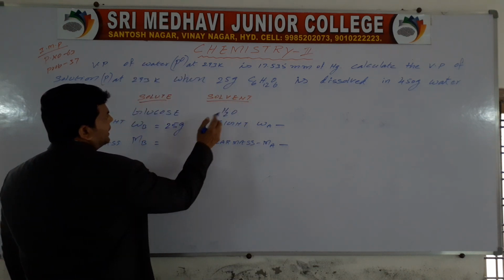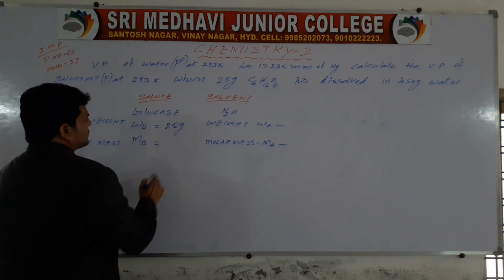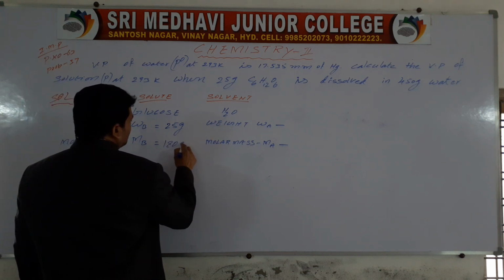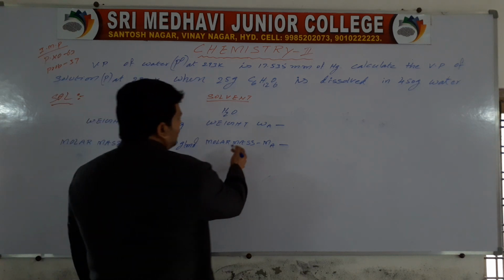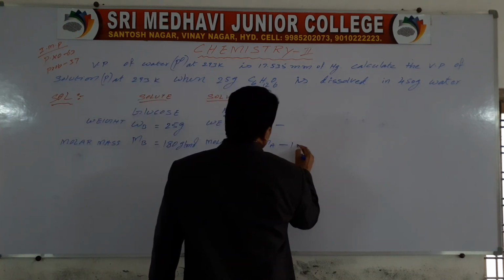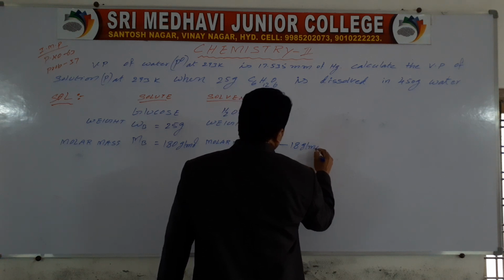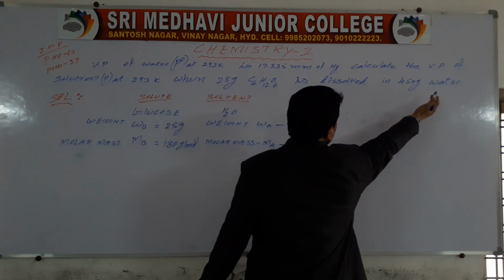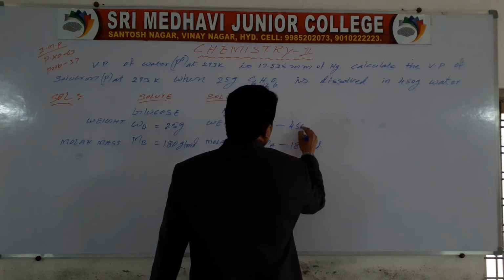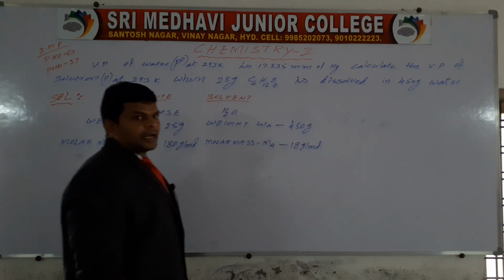Molar mass of glucose is 180 grams per mole; molar mass means molecular weight. Molar mass of water is 18 grams per mole. Weight of water is 450 grams.